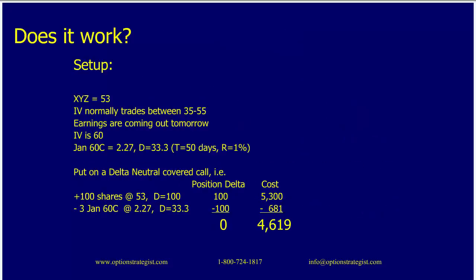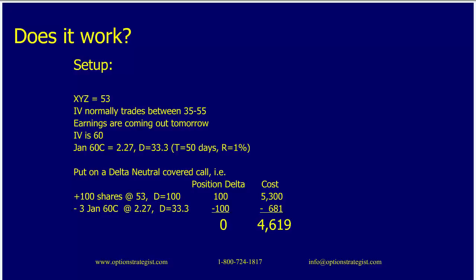All right. Does it work? All right. Well, here's an example. Personally, I happen to trade earnings a lot because here's my theory on that. I believe that there are very few things that we could say, if this happens, then that will happen.